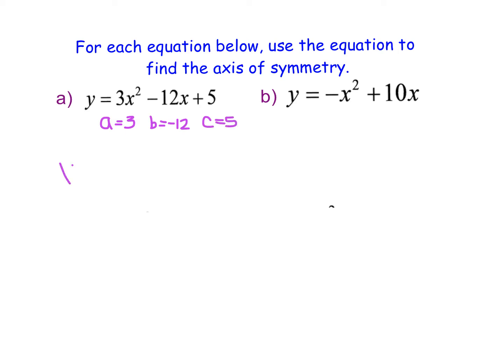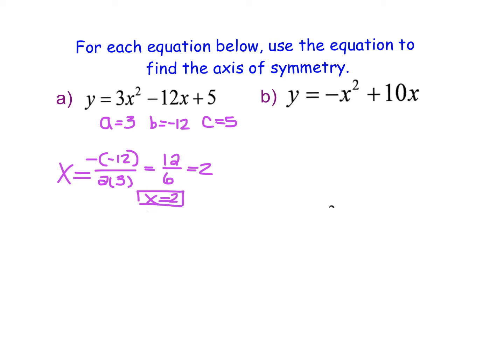I calculate my axis of symmetry by taking x equals -b, all divided by 2 times my a value, which is 3. Here, -12 becomes a +12. My denominator becomes 2 times 3, which is 6. So I end up with 2. My axis of symmetry here would occur at x equals 2.